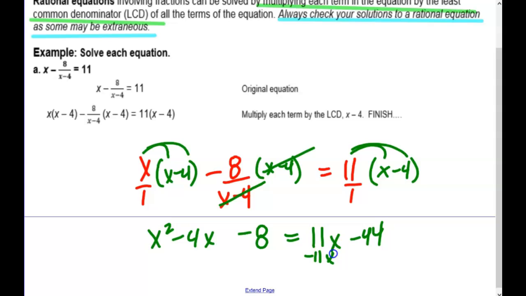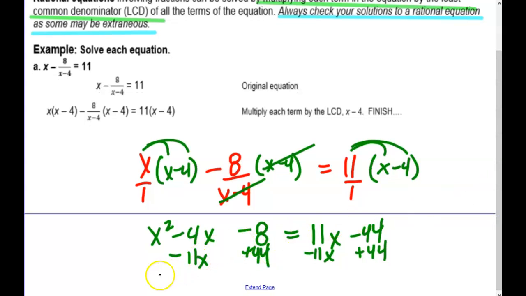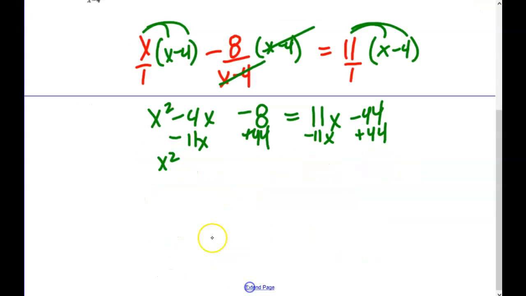So if I subtract the 11x's over here and add the 44, I hope I'm getting the same thing they did. I got an x squared minus 15x plus, I don't know, 32 maybe? Negative 8 plus 44. Factors of 32 that make 15.